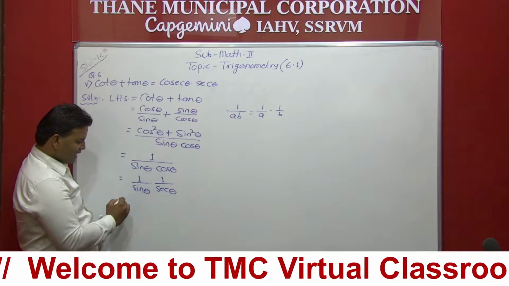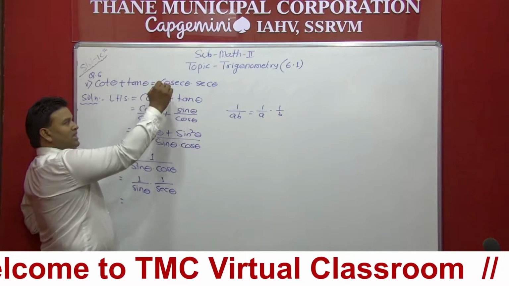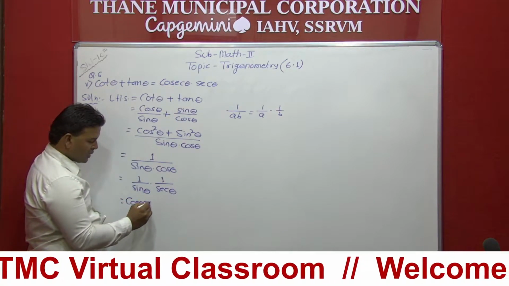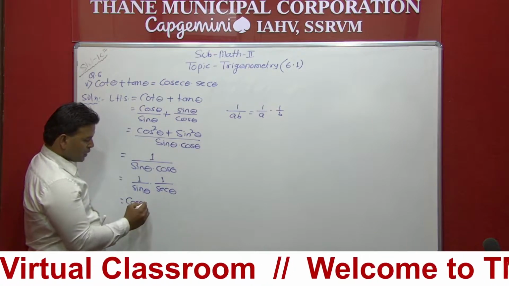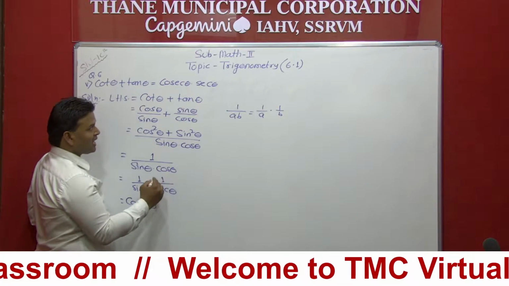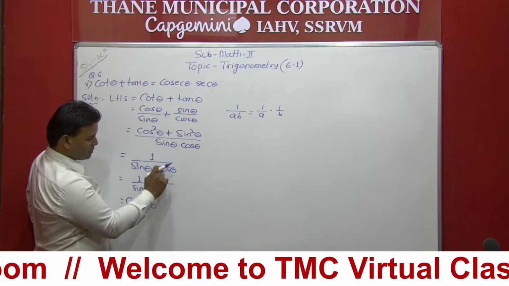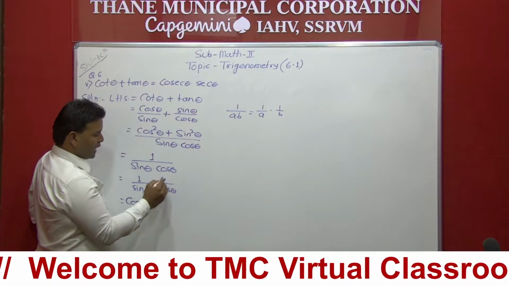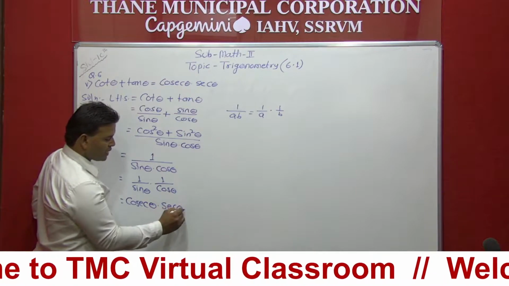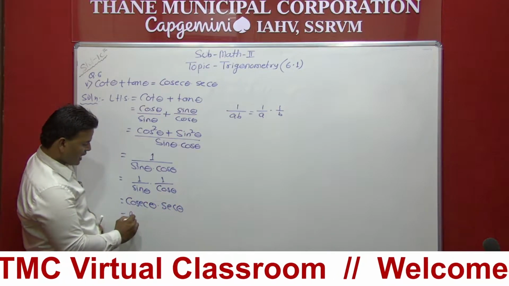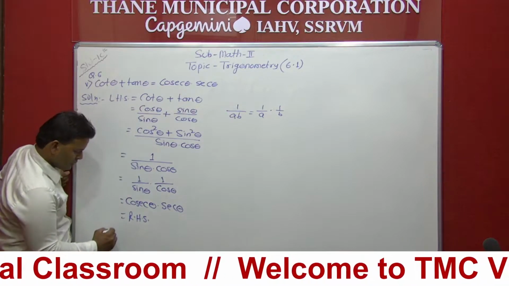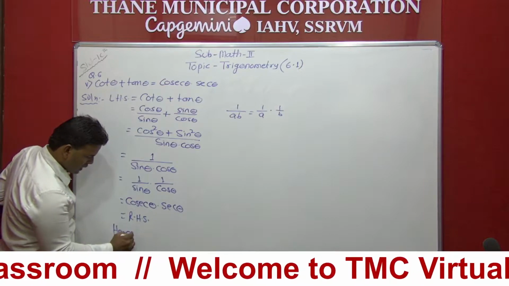Here 1 upon sine theta is the formula for cosec theta, so 1 upon sine theta gets converted into cosec theta, dot 1 upon cos theta. Sorry, here it must say 1 upon cos theta, and 1 upon cos theta gets converted into sec theta. And finally this is our right hand side, and hence proved.